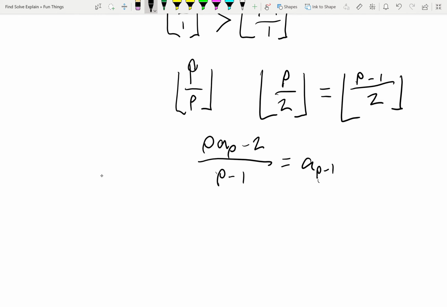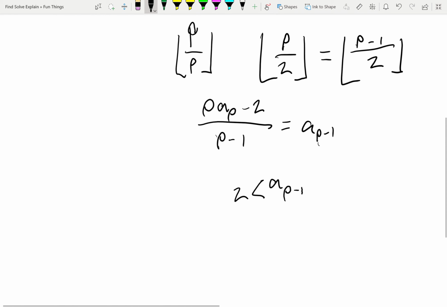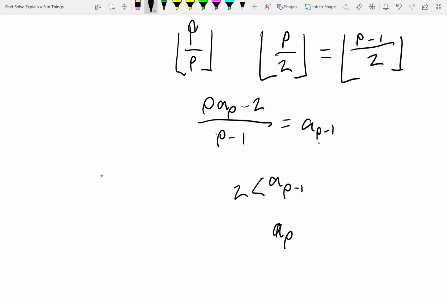With some relatively quick expansion, this shows us that as long as a_{p-1} is greater than 2, then a_p is going to be smaller than a_{p-1}.